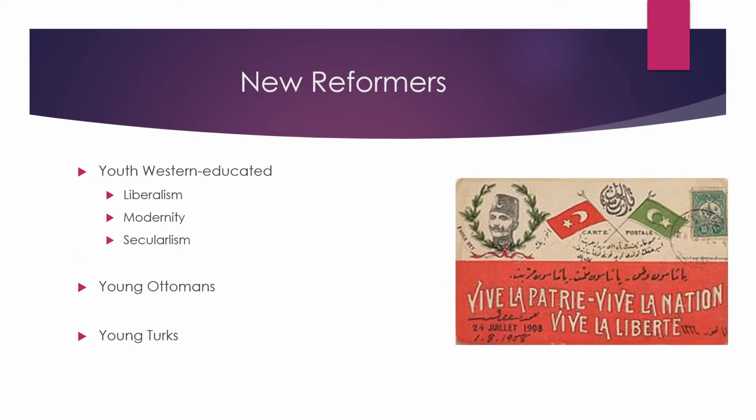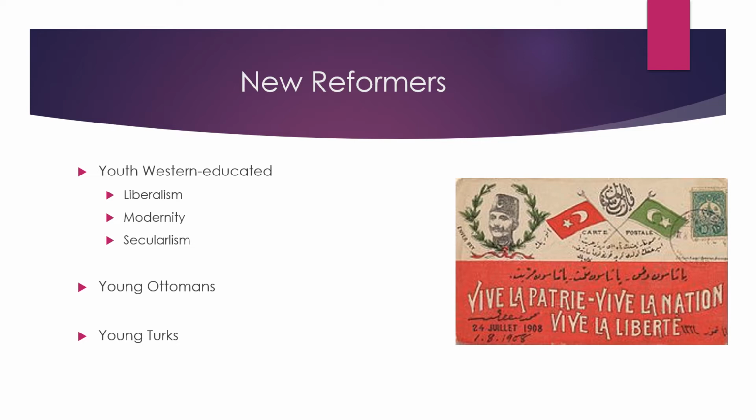So as the big strongman reformers in both the Ottoman Empire and the Egyptian Pashanate collapse, there are new reformers that begin to rise. There are these westernized youth who are very well educated, very articulate, and eager to see a new society for a new century.